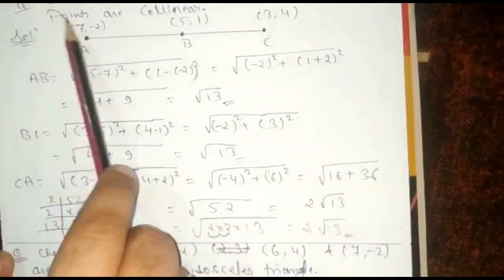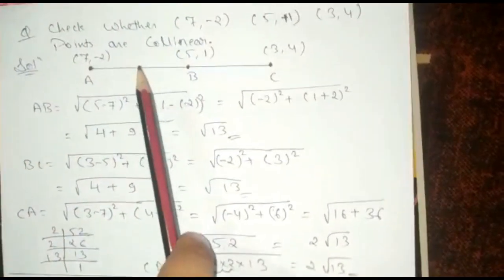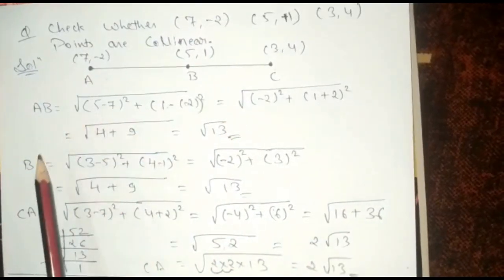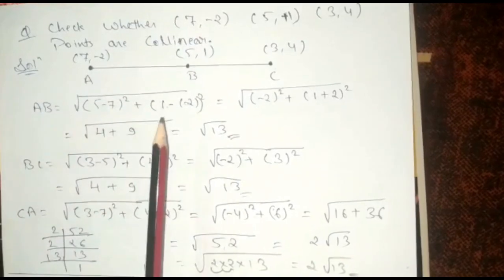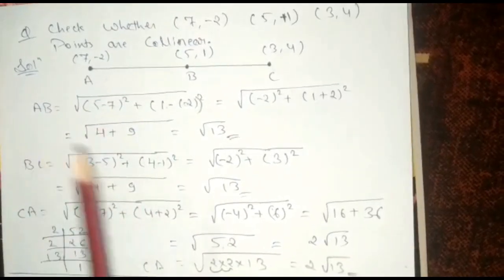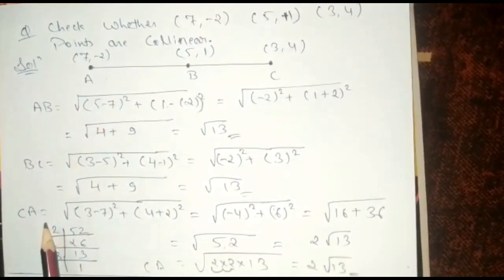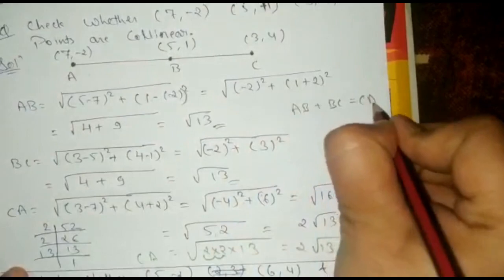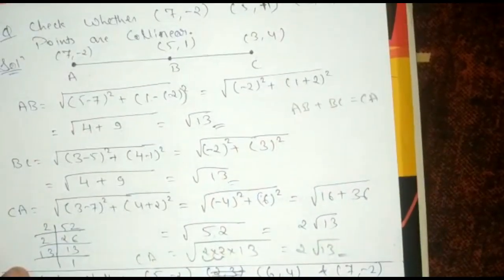So for checking or proving the points are collinear, we have to check that the sum of the distances of any two points is equal to the other distance. That means if AB plus BC will be equal to CA, then we can say that these points are collinear.